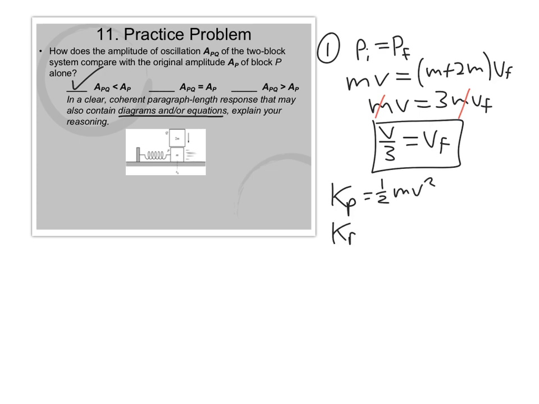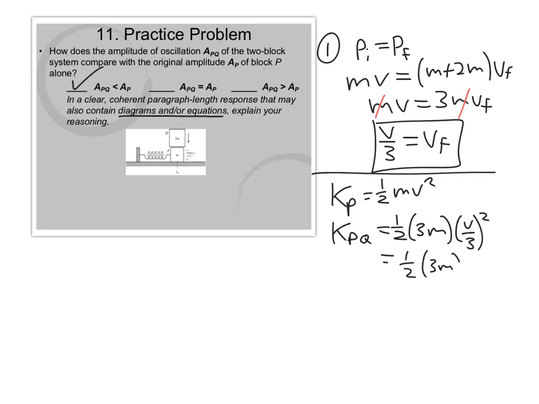Now that it's P and Q, it's going to be 1/2 times 3m, because it's 3 times as much mass, times v over 3, that quantity squared, which ends up being 1/2 times 3m times v squared over 9, and that 3 divides out one of those 3's. What we ultimately end up getting is that our new energy is going to be 1/3 times our original energy.